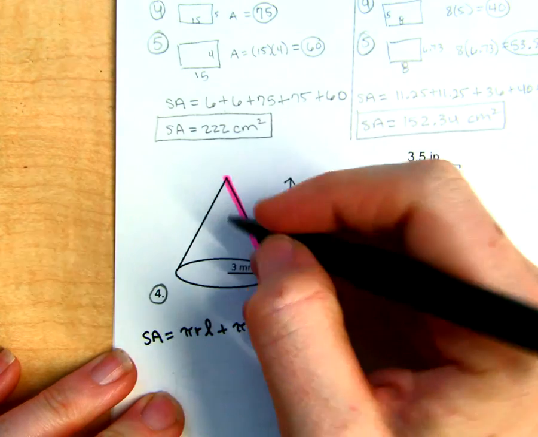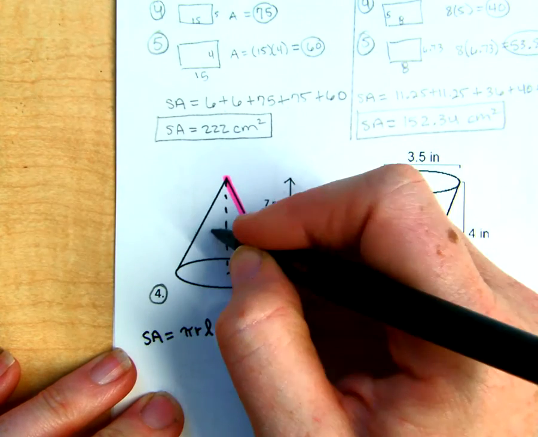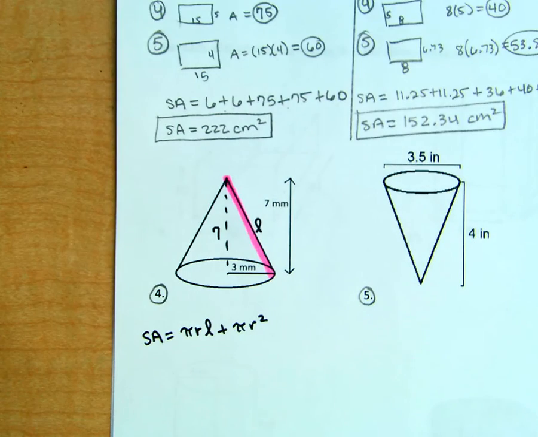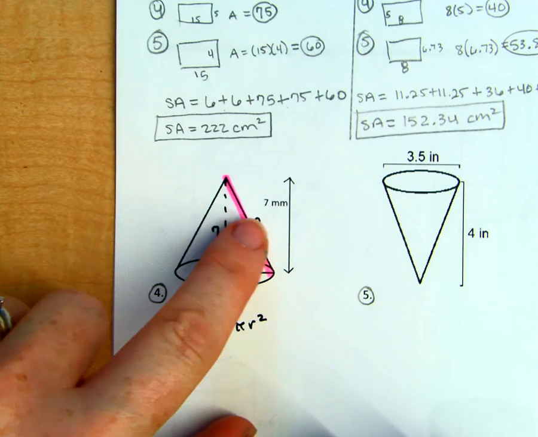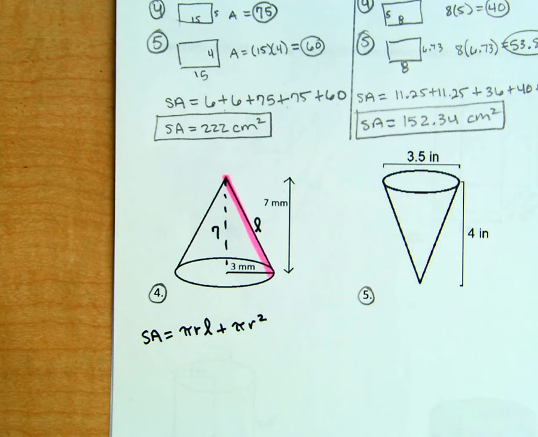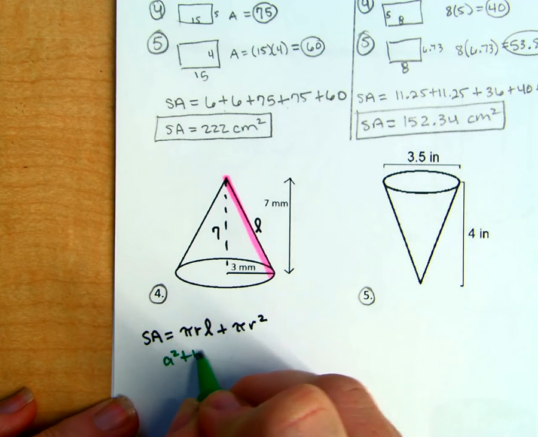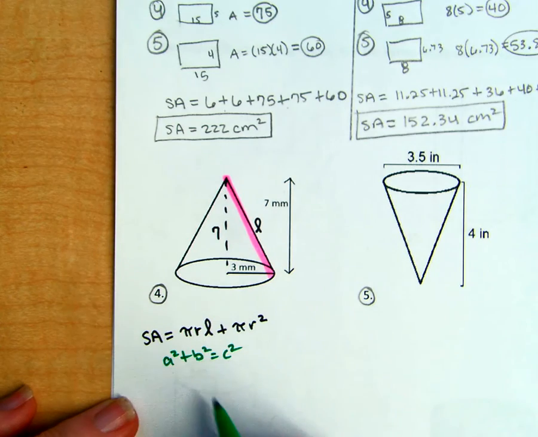I gave you the actual height, which is 7. So you're going to have to use Pythagorean theorem in this problem to solve for L. So we're going to do a squared plus b squared equals c squared.